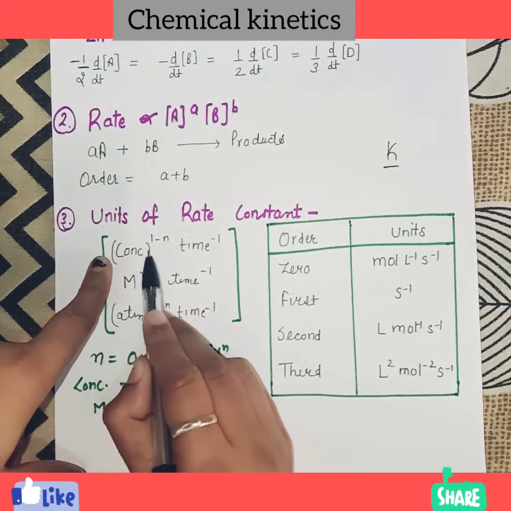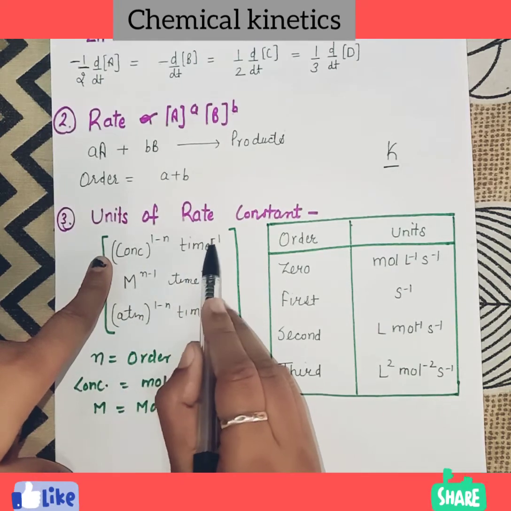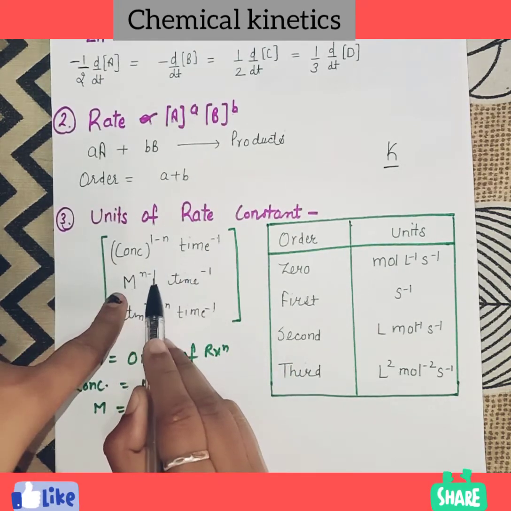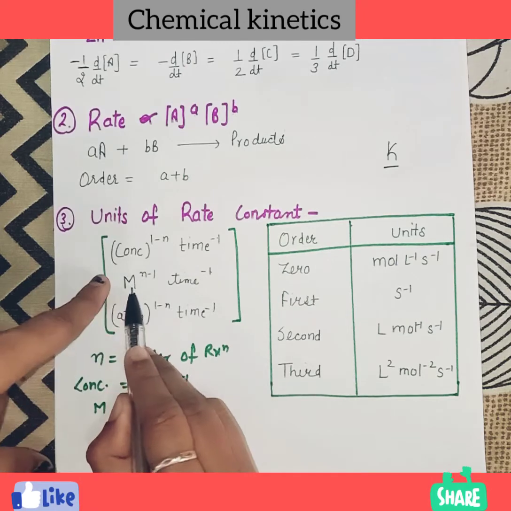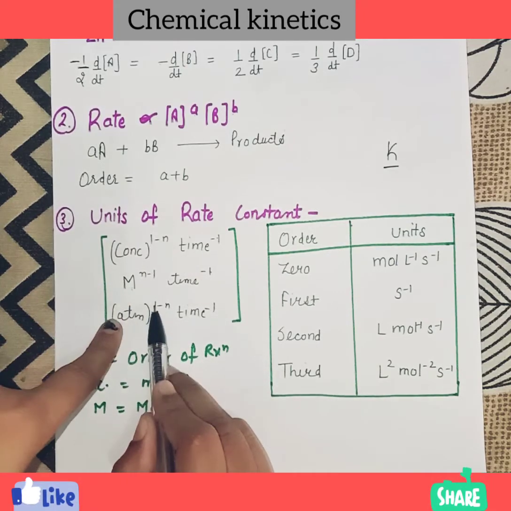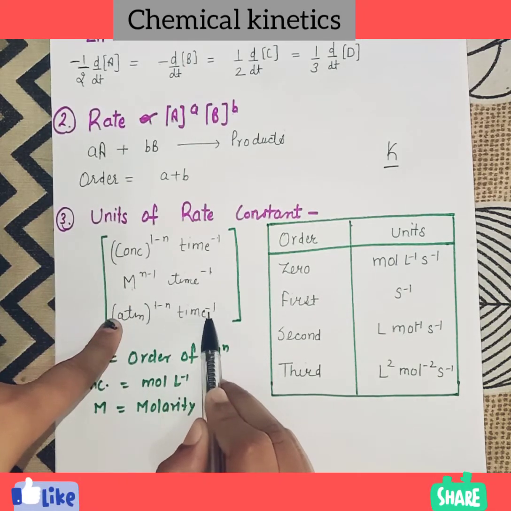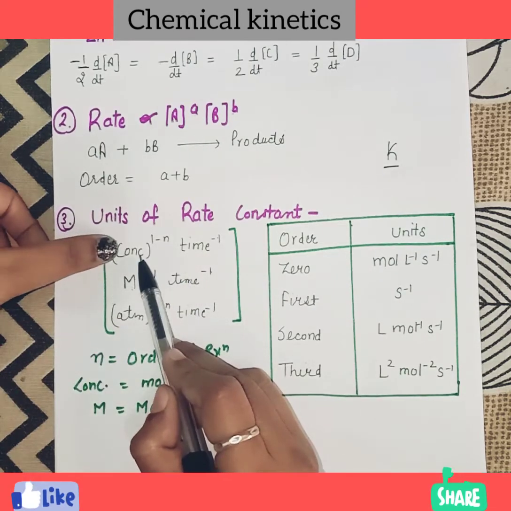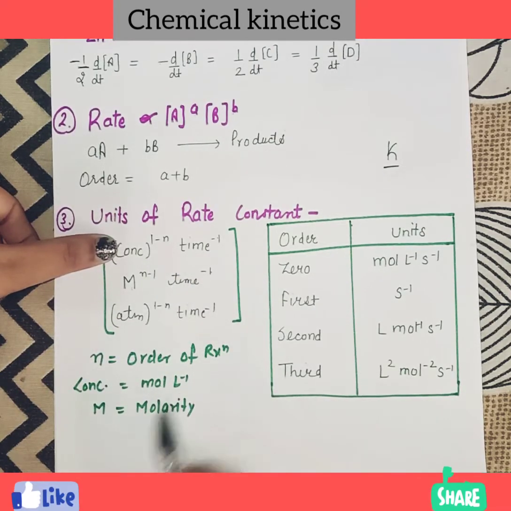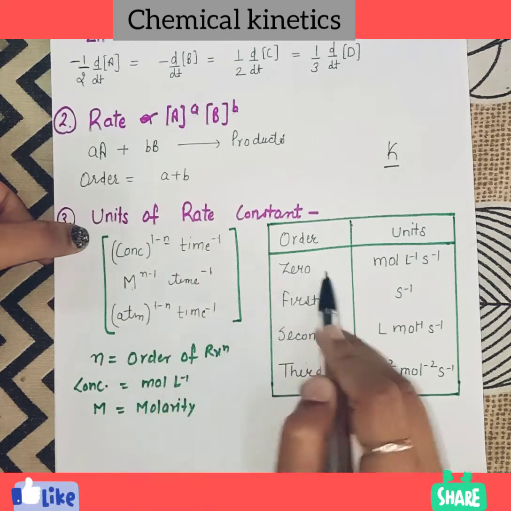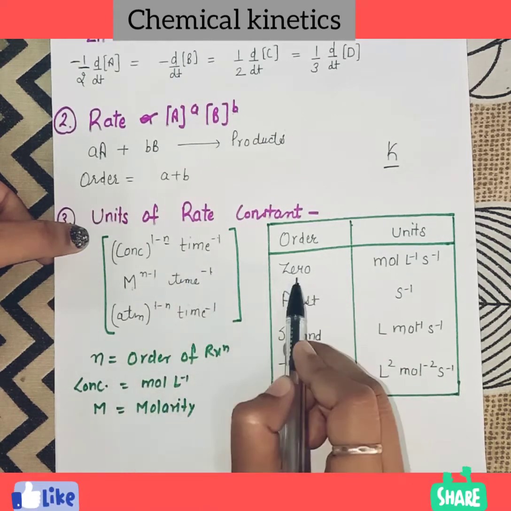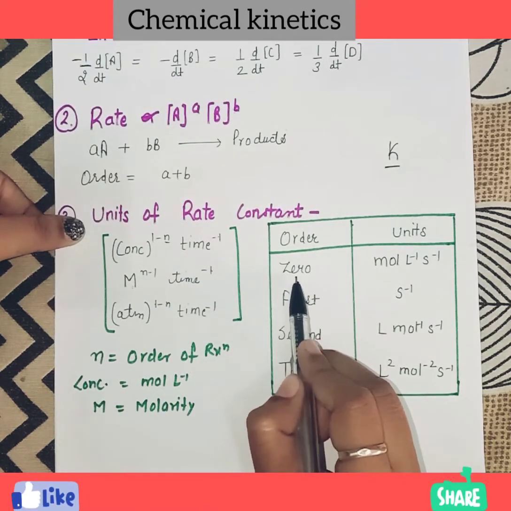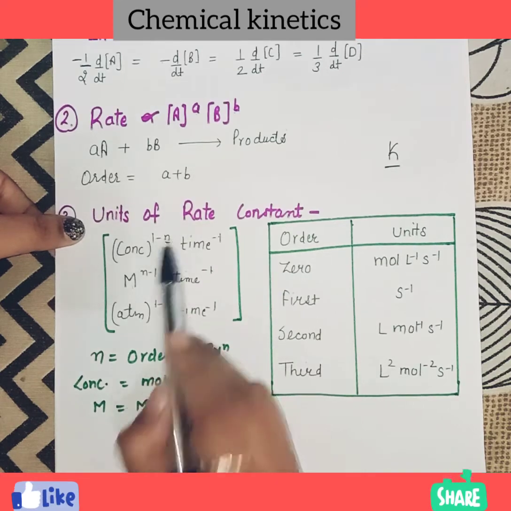This is concentration to the power 1 minus n, time inverse, that is, mole per liter to the power 1 minus n, time inverse. Here m is molarity, and concentration is taken in mole per liter. Here n is the order of reaction. Suppose we are talking about the zero order, then n value is 0.